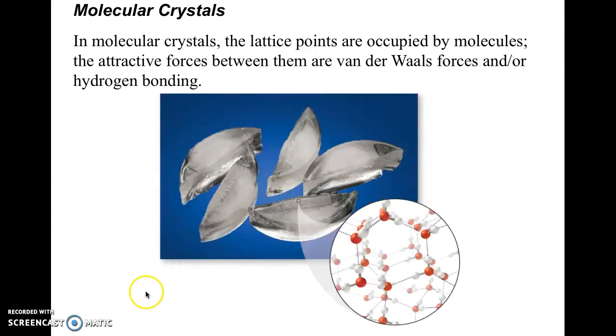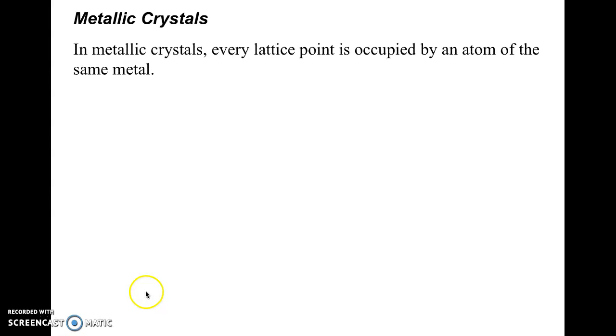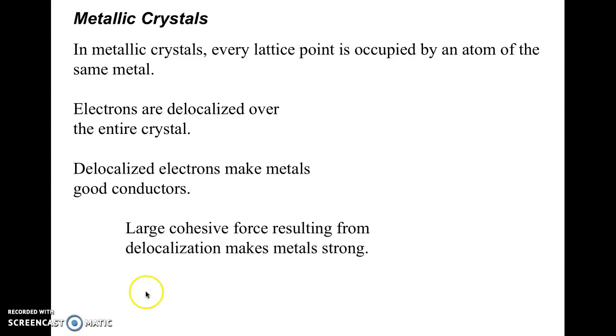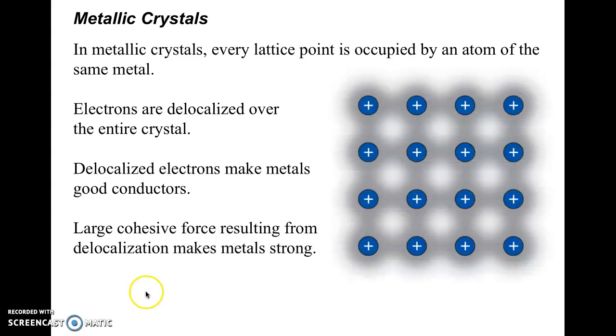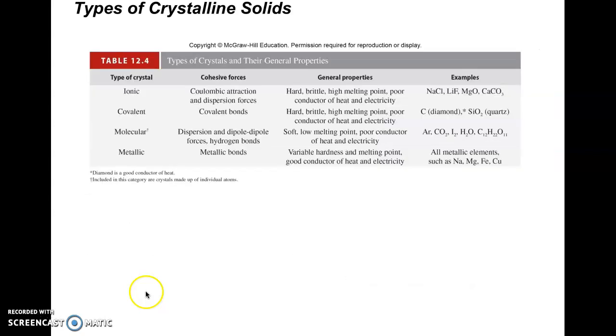That's what we'd see for an ice cube. And metallic solids are very different because every part of the cell is an atom, and the electrons are delocalized, which makes them very good conductors of electricity.